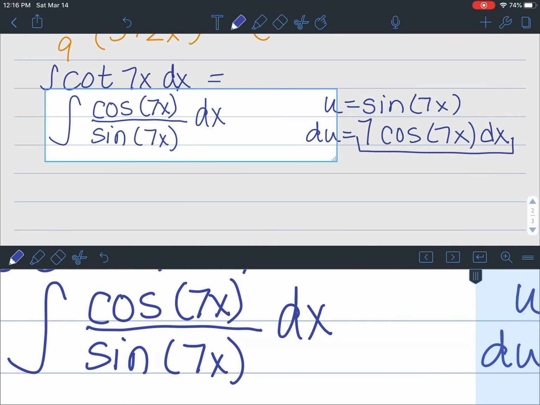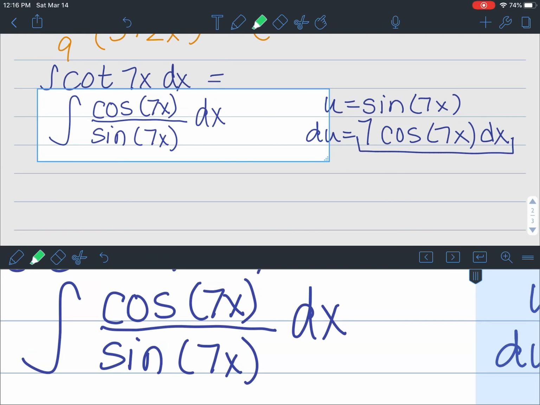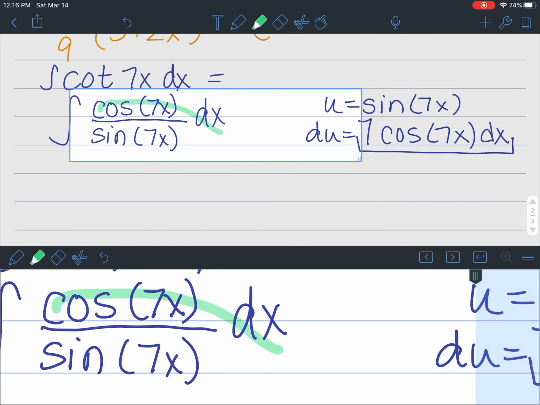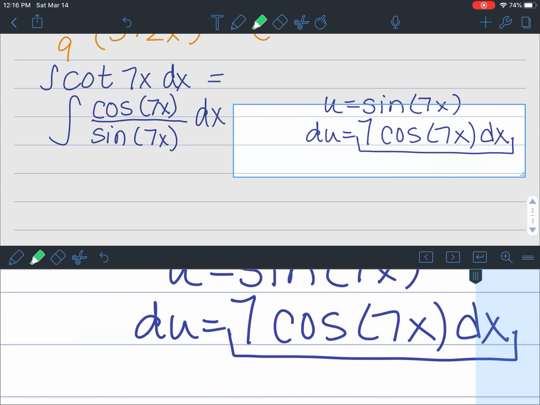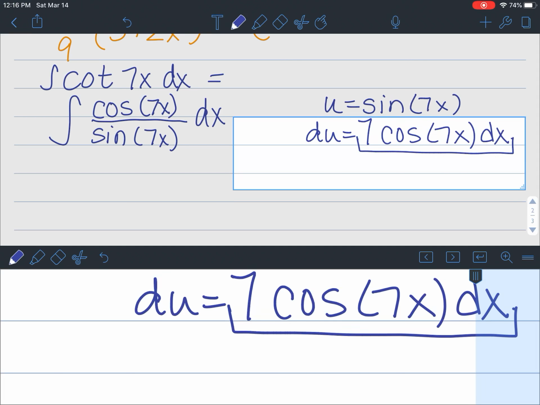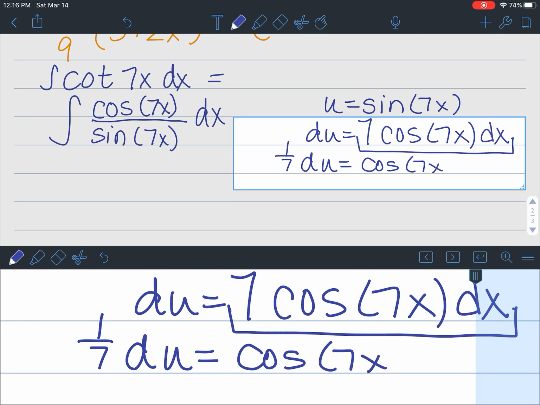I definitely see the cosine 7x dx. That's here, right? But I don't see the 7. But remember, we can fudge the numbers. So let's come back over to our derivative. We're going to divide both sides by 7 and get 1/7 du equals cosine 7x dx. And now it'll be a better substitution.